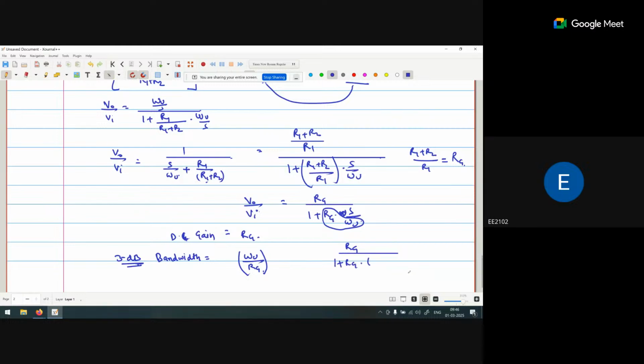If I put s equal to j omega, and in place of omega I put omega U by RG, it becomes RG upon 1 plus j. If I calculate the magnitude, it becomes RG upon root of 2. So it shows 1 upon root 2 of the maximum magnitude, the 3 dB point.